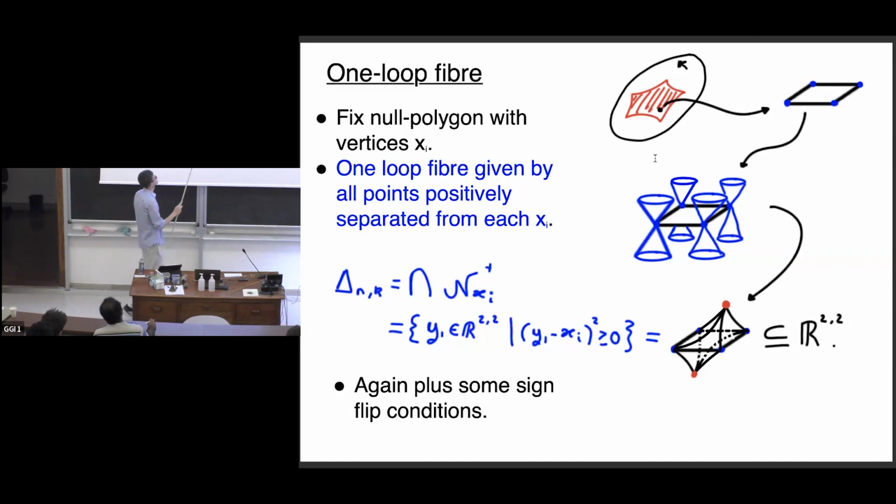This will split the R2,2 into a positive and negative part with respect to each xi. If I take the intersection of all these positive parts, this will define some geometry we call the one loop fiber in R2,2. And it's your y1 variable which is constrained to live inside here. Again, you can assume with every definition I give that there are some additional sign flip conditions.